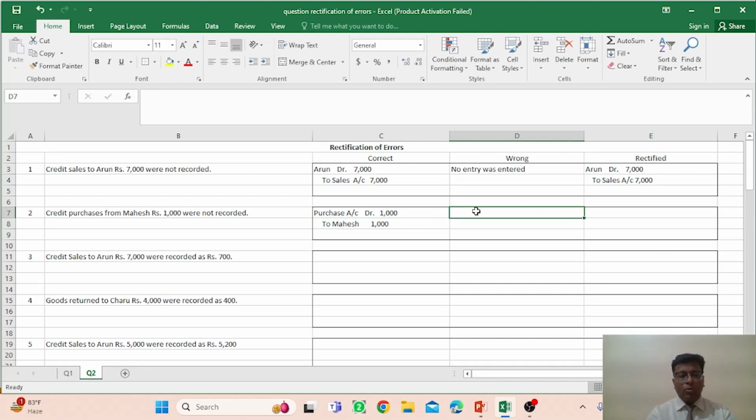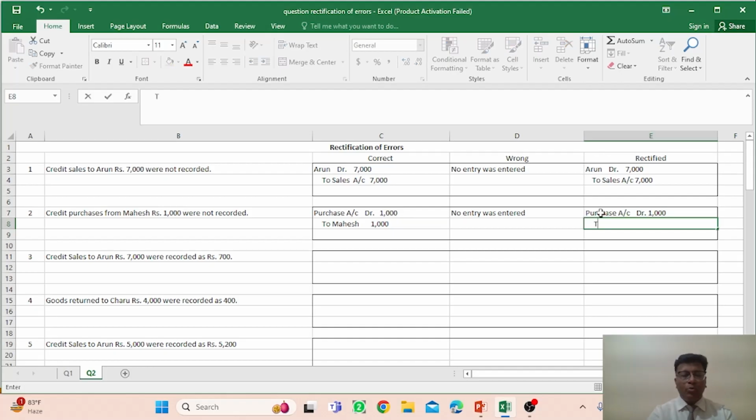Because no entry was made or entered in the books, you have to make this entry again: purchase account debit rupees 1,000 and to Mahesh rupees 1,000.